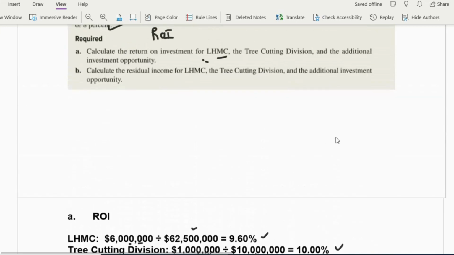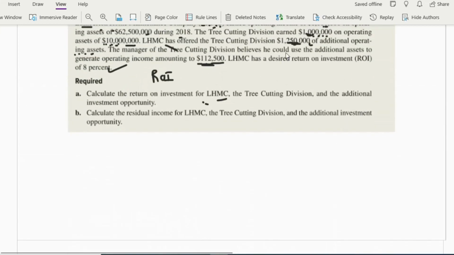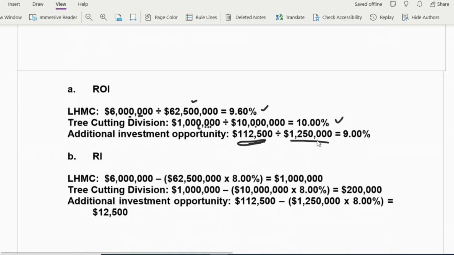Can you see the last line of the question, that with this additional investment they could earn an operating income of 112,500. So I'm taking this information over here. This new investment opportunity will bring a return of 9%.